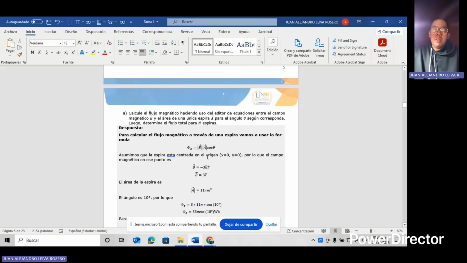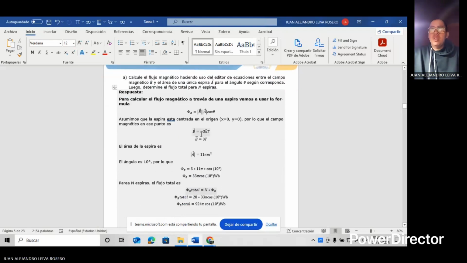We substitute our values. For the total flux, we multiply by the number of loops.